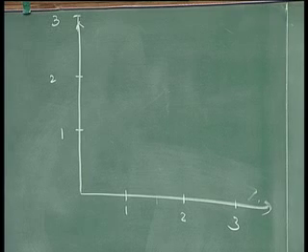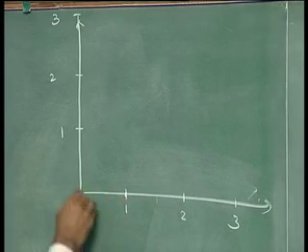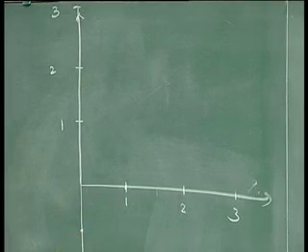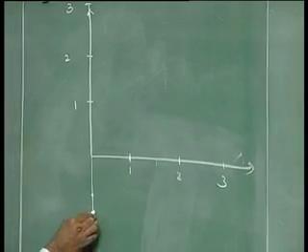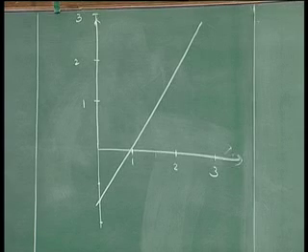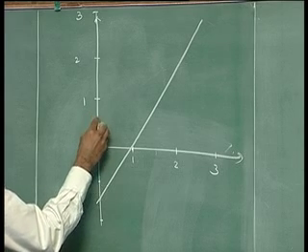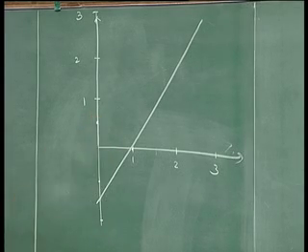So, let us plot. The first one is 1 comma 0 and this would be minus 1.4, which is somewhere here. First line would go like this, second line would be 7 by 15 which is somewhere here, and minus 7 by 12.